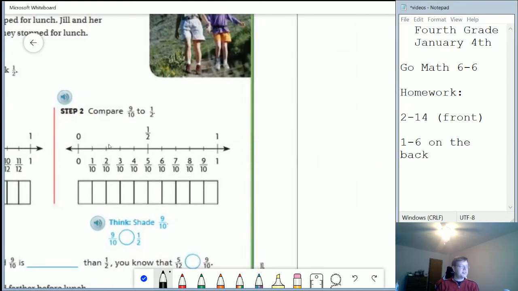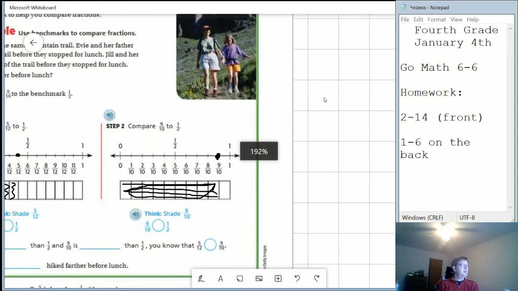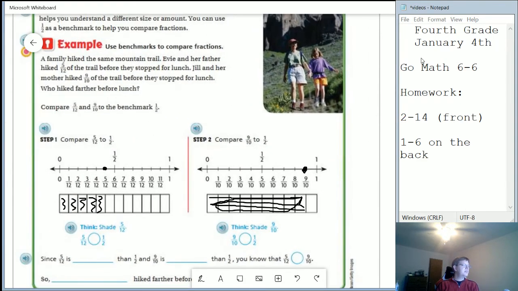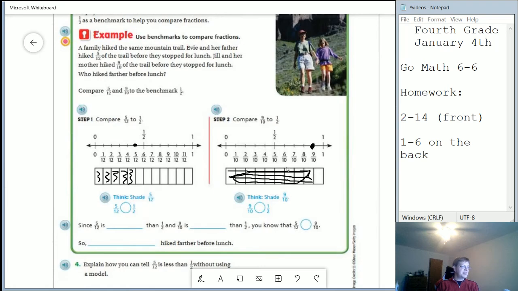And assuming that you're ready, we would put our dot on the number line right here, and we are comparing to 1/2, and then we would fill all the way in up to here. There we go. And so we want to figure out which one of these two is larger.